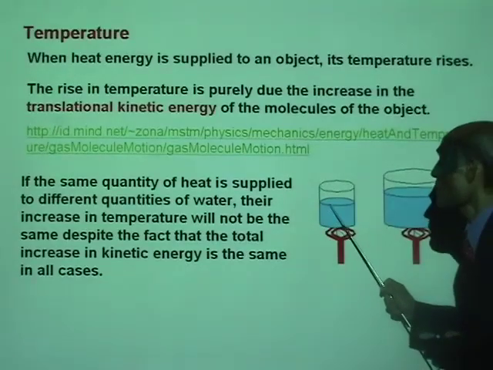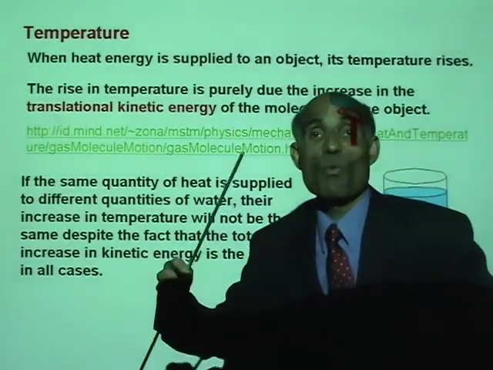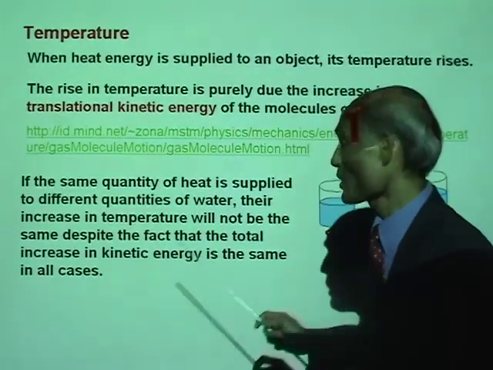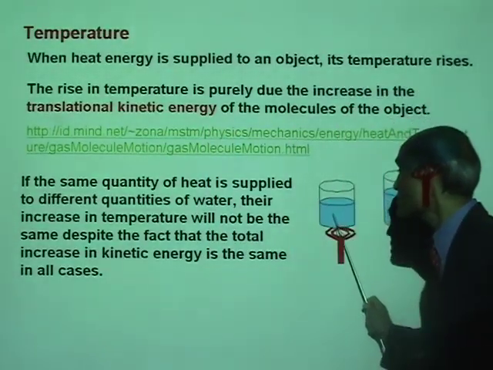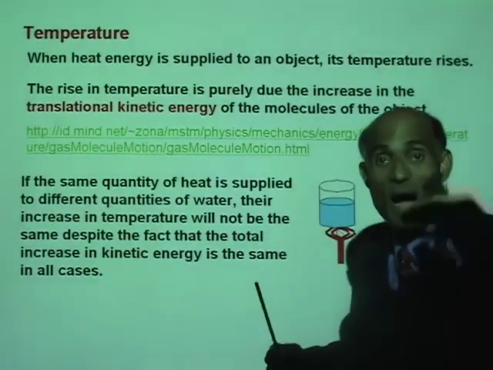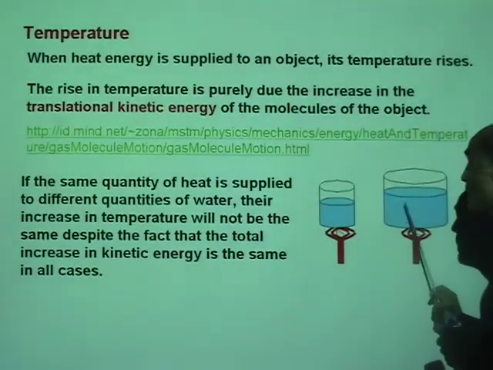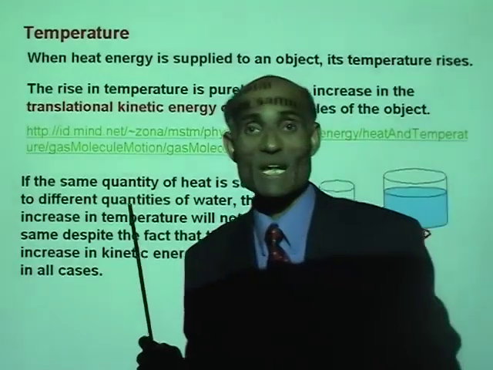The temperature of the water in the small beaker is higher. Now, why did that become higher? Because the amount of heat received by each molecule in the small beaker is higher than the amount of heat received by each molecule in the big one. I hope that is clear.